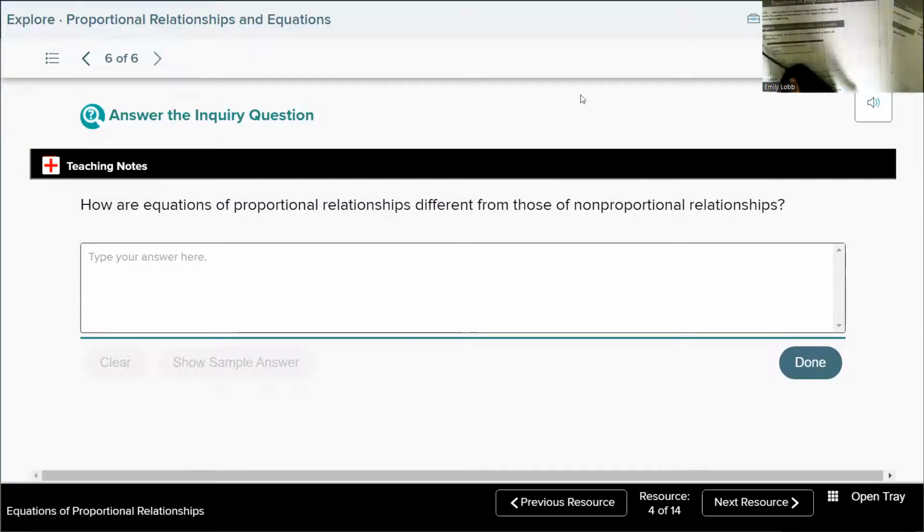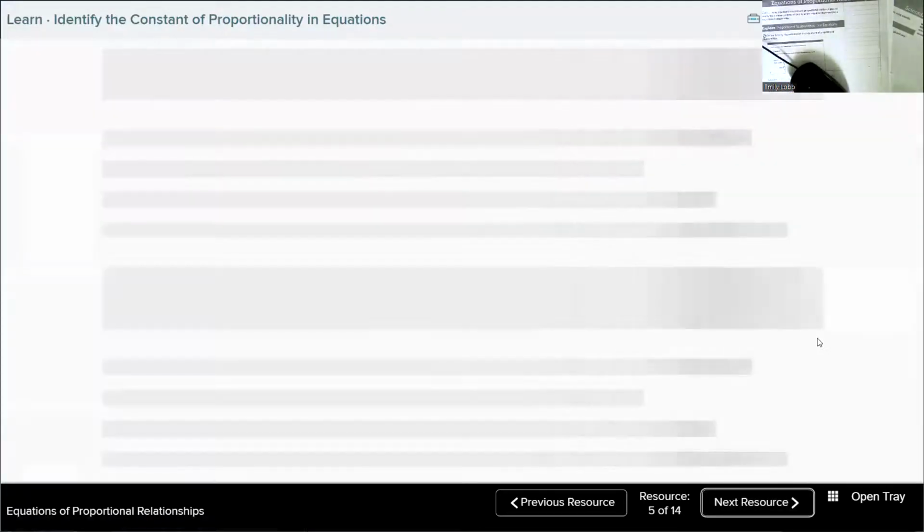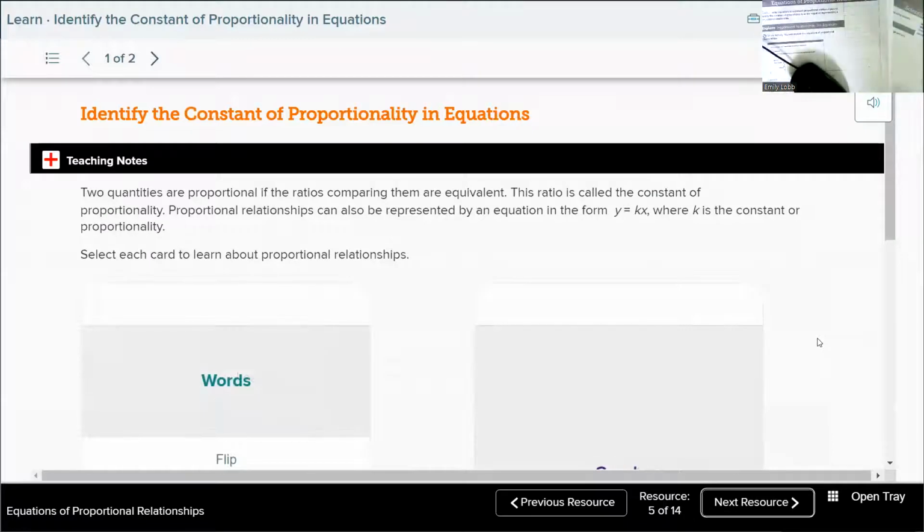Okay, questions about proportionality as far as equations? So we can move on to learn a little bit. Are you ready? This is on page 41 where it says learn. It follows along with these slides. Two quantities are proportional, says it right in your packet, if the ratios comparing them are equivalent. Remember, we tested for equivalency by finding unit rates.